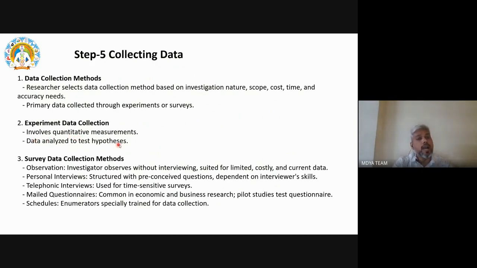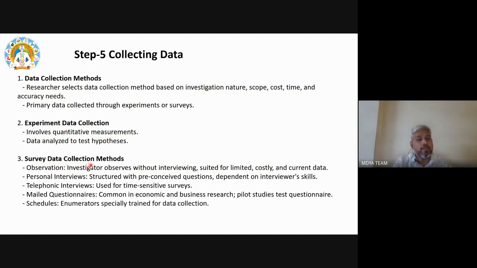To test your hypothesis, to see whether there is any relation between variables or not. When you test your null hypothesis, it gives a result, and you cannot test a hypothesis without data.